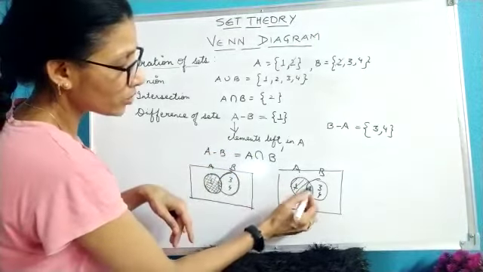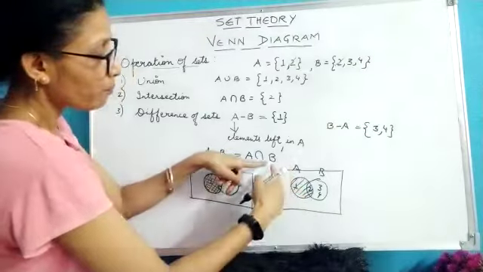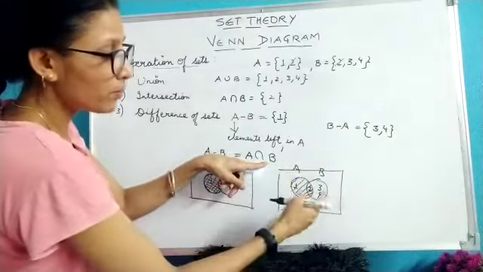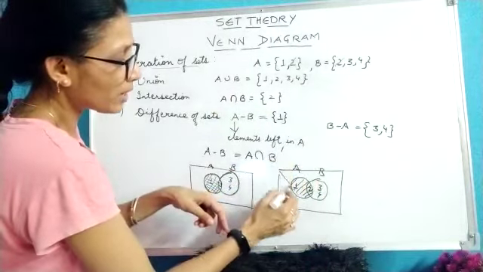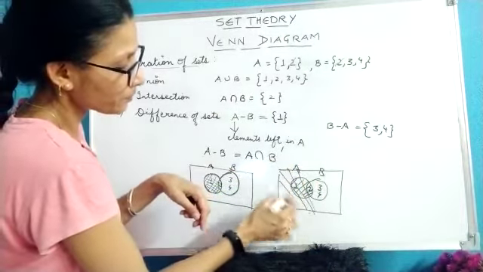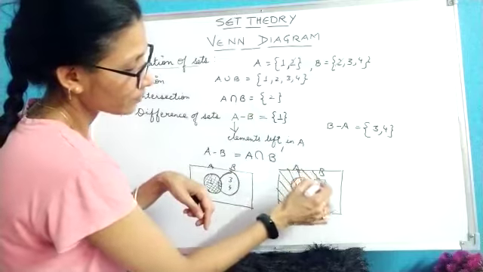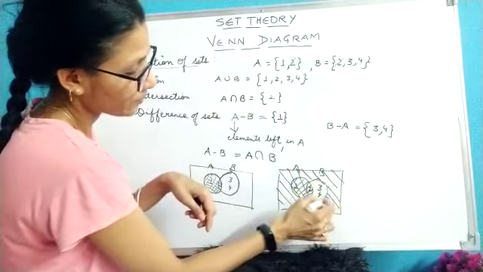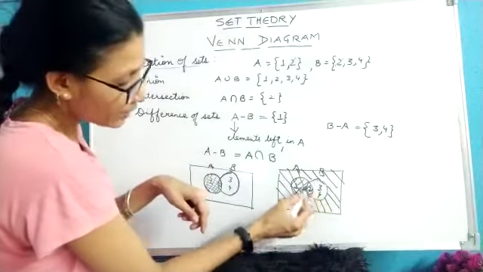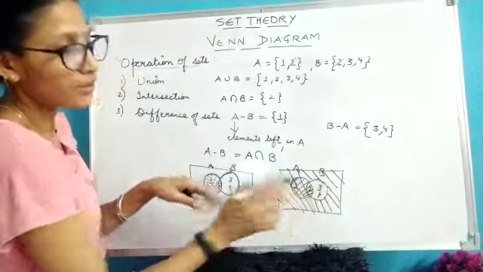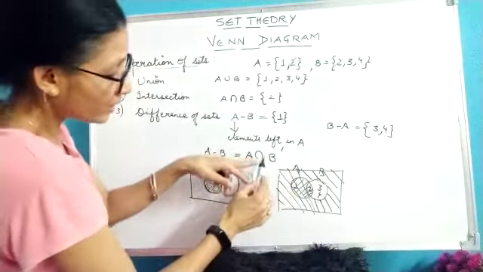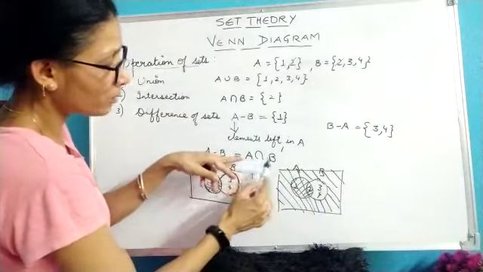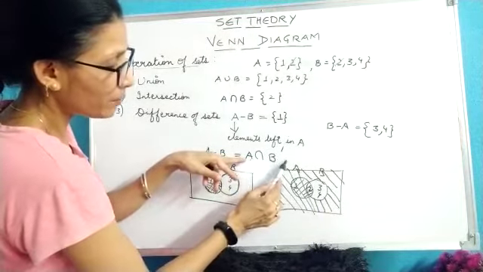This complete is your A. B complement means leave the elements of B and mark the rest of the things. This is B complement. Now you take the intersection, that means the common part between A and B complement.